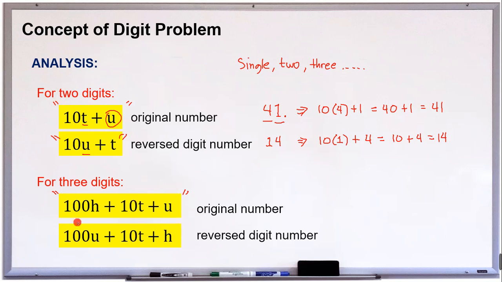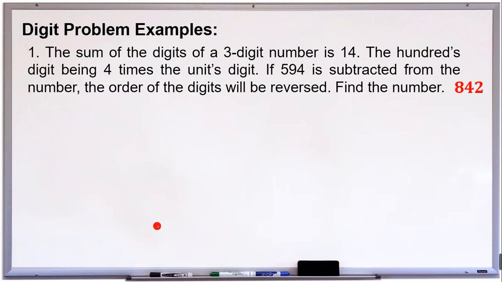So we are going to use these expressions in order to analyze a digit problem, because the other steps in a digit problem are more on algebraic manipulations. Let's start with this first example.